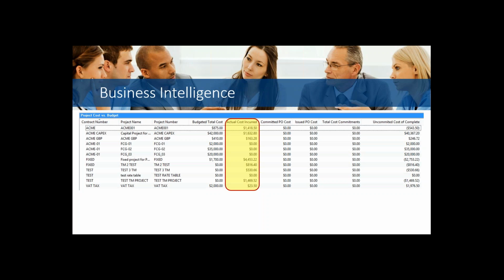So this would be costs where, if it came through a vendor, I have received the invoice, or the timesheet from the employee has been processed, or the expense report, or the equipment log. Actual transactions have been posted within GP against my project for these costs. So those are my actual costs.